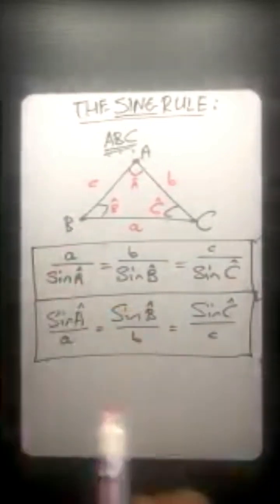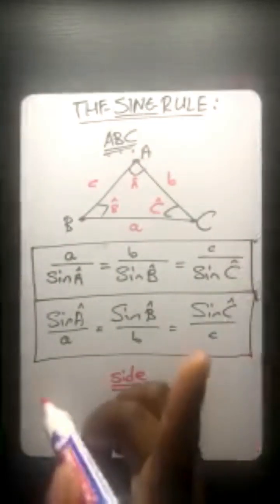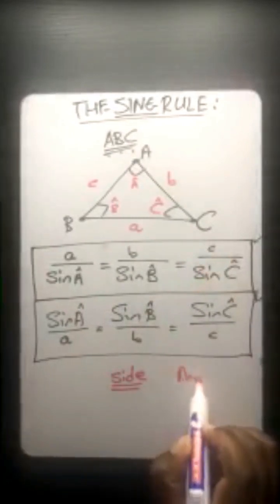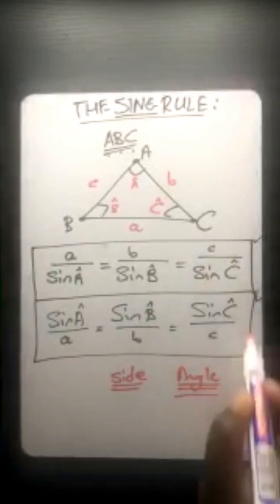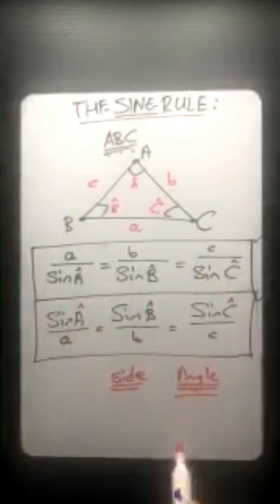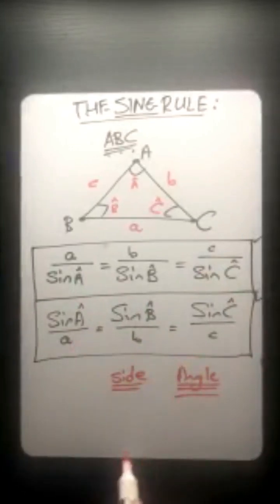What I've noticed, Shanti, is that if the examiner wants you to calculate the side using the sine rule, use a formula that starts with the side as the numerator. But if they want you to calculate an angle, use this formula that starts with an angle.